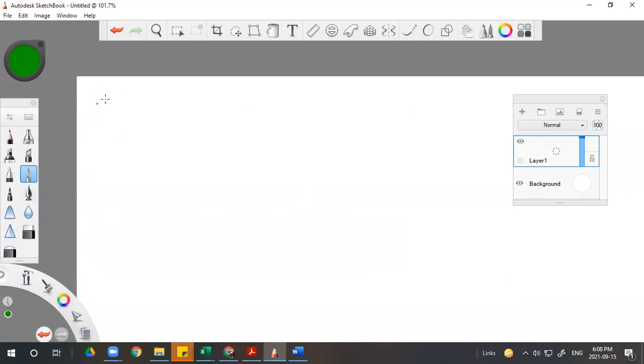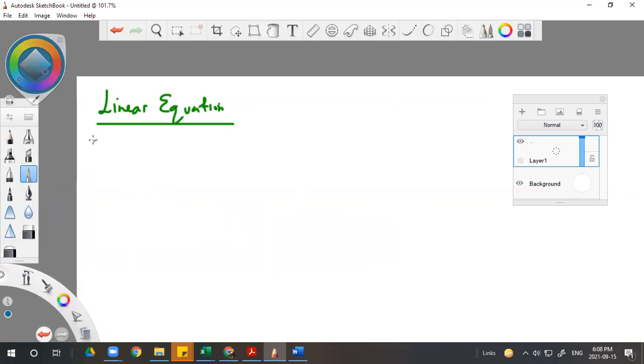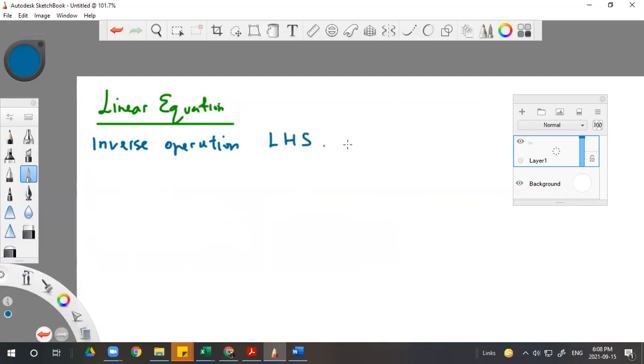So now we are learning about the linear equation. In order to proceed to the linear equation, you have to understand about the inverse operation. It's about the left-hand side always being balanced with the right-hand side.